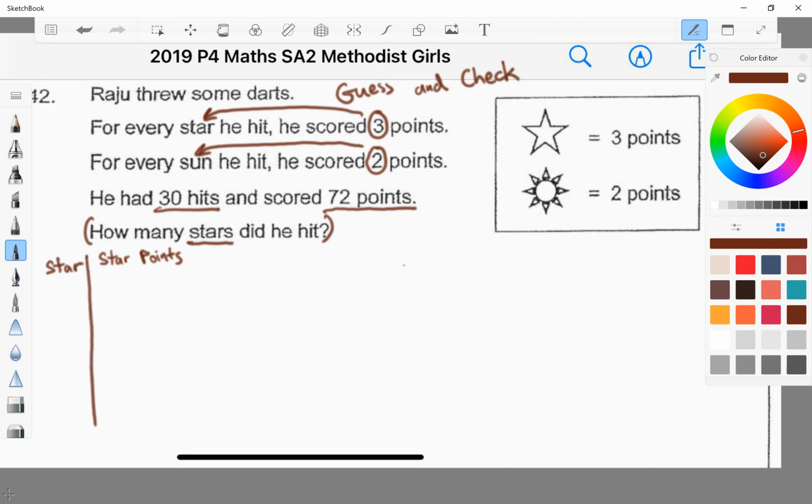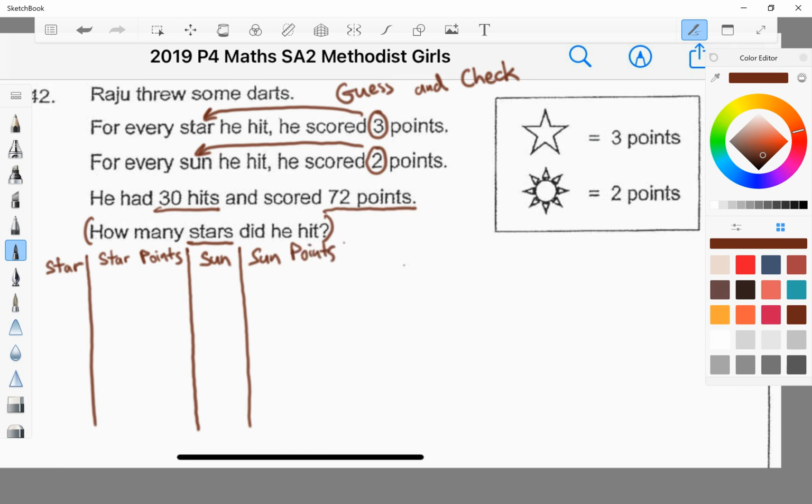And a reminder, when you are doing your guess and check table, please only use pencil. Do not use pen. So using pencil is a lot easier for you to maneuver. So star points, then we have sun, and we have sun points, means the points that came from the sun.